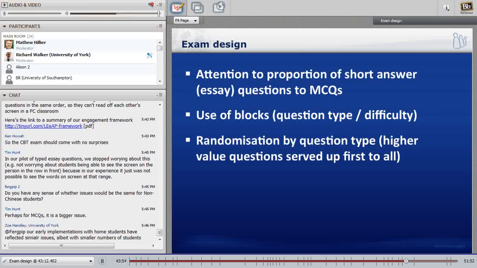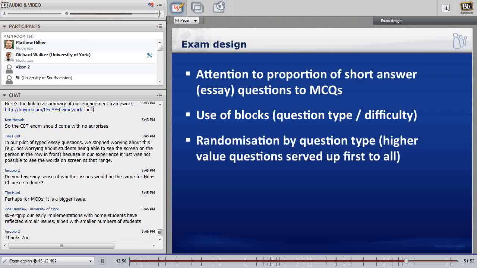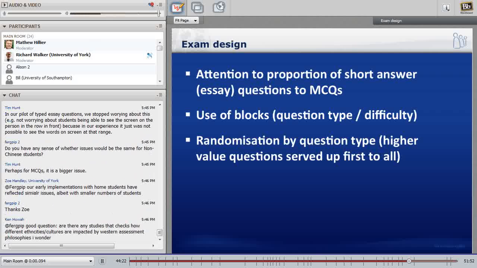The other thing we've done in response to student suggestions about the design and organization of the questions is this. Initially, because we're a greenfield site and we do not have exam rooms with privacy screens, we randomized the questions across the whole exam. But because we mix up short answer and long answer questions, this was causing problems in terms of equity, with some getting the long answer questions at the beginning, others later on, and having difficulty managing their time.